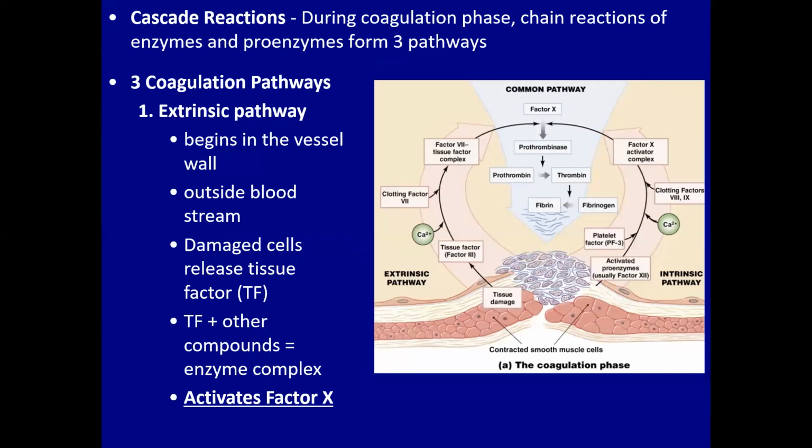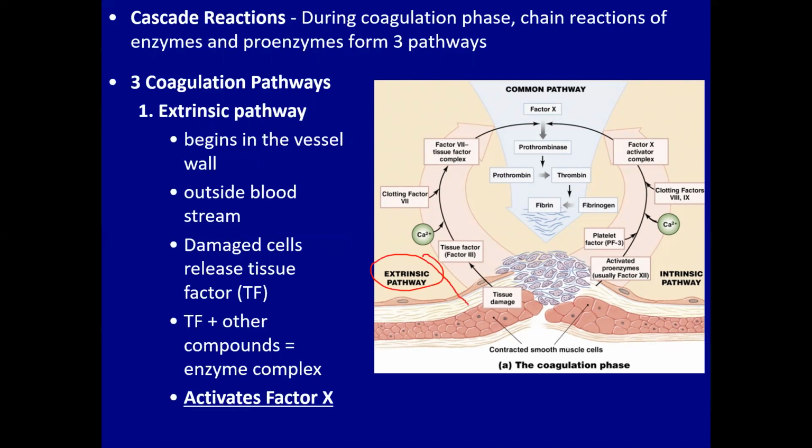This is truly a cascade reaction, because once one thing happens, it's going to trigger something else, and it's going to trigger something else. And we are looking at the chain reactions of 3 different pathways. All right, so the 3 coagulation pathways include, first, the extrinsic pathway.